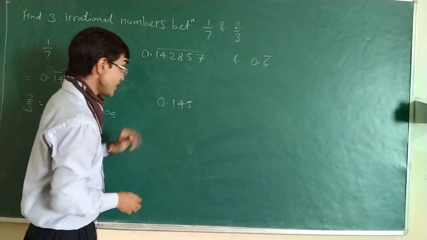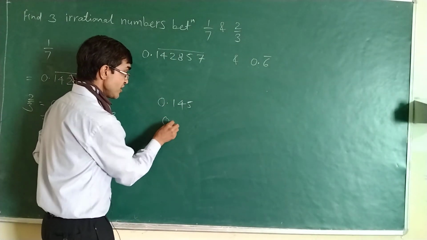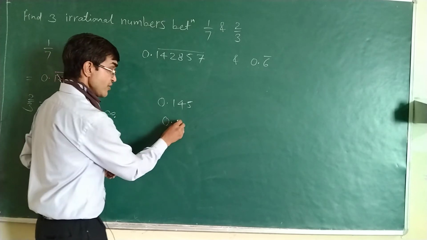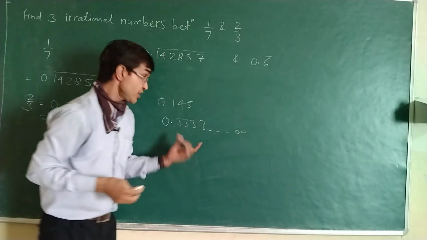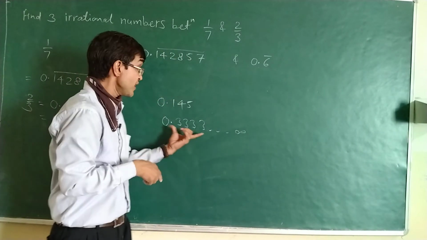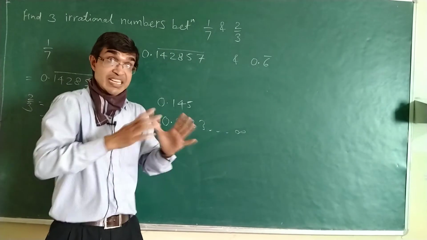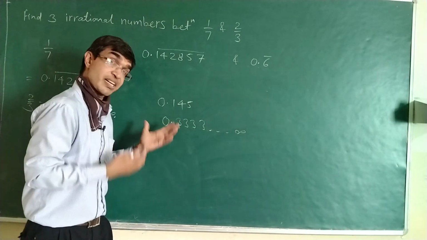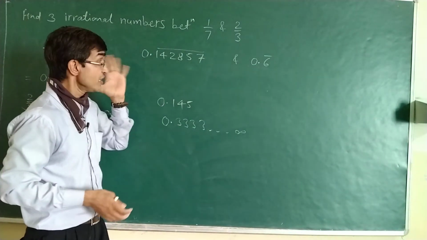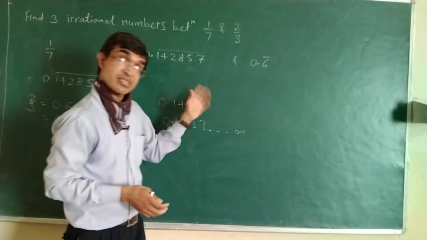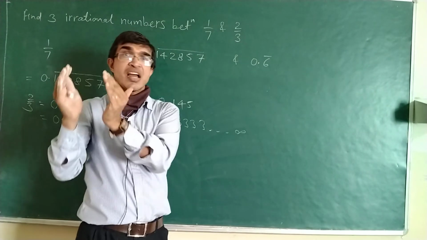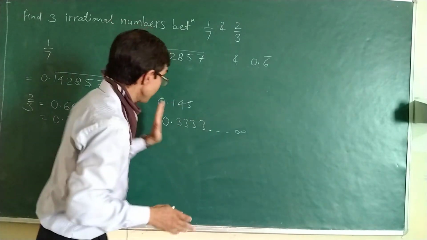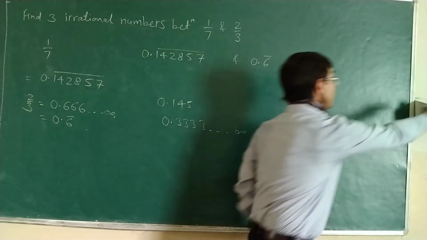Second thing we have seen, if it is recurring, non-terminating, like 0.3333 and so on up to infinite, this is also a rational number. So we have to find numbers in which the same set of digits is not recurring up to infinite. Okay? So let's start.